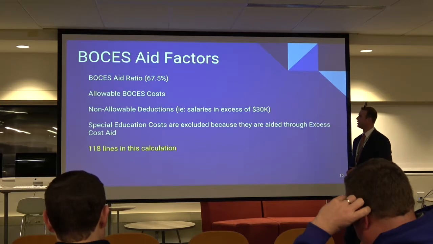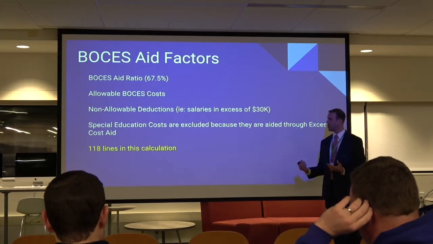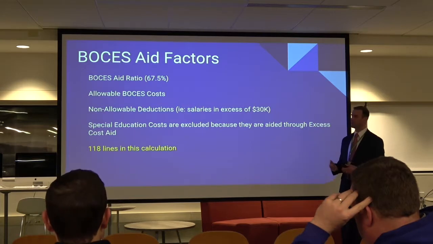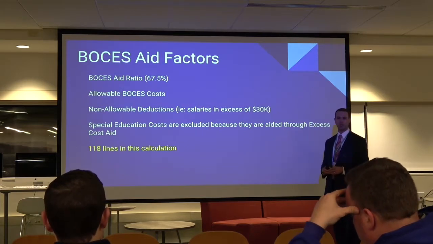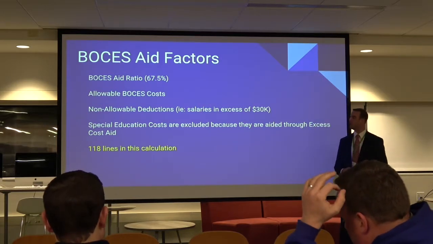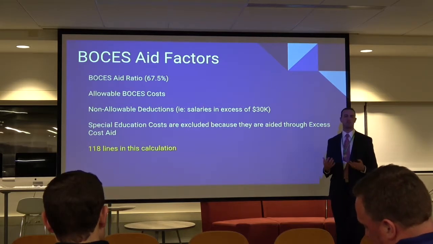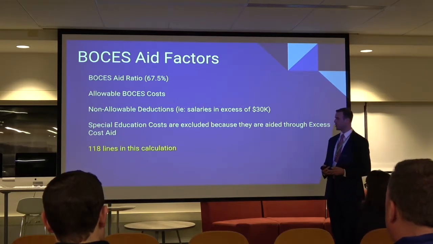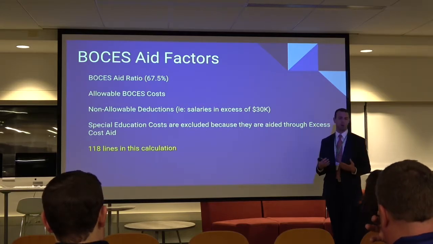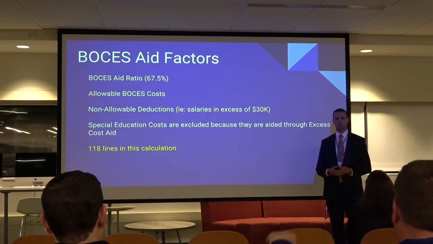So BOCES aid is based on our allowable BOCES costs, and I talk about the non-allowable costs. And BOCES, just as a recap, is an acronym for Board of Cooperative Educational Services. We often talk about COSERs or co-service agreements, and BOCES is basically the state's original shared service program, because if not for BOCES, local school districts wouldn't be able to provide a lot of the services that they're able to provide to our students, and most notably our career and technical education.